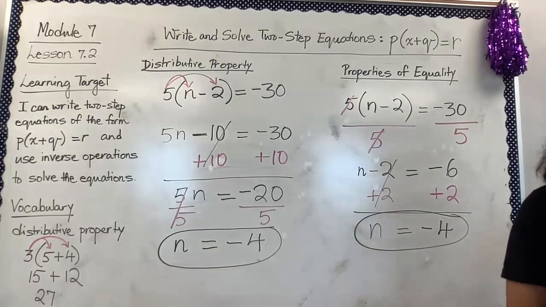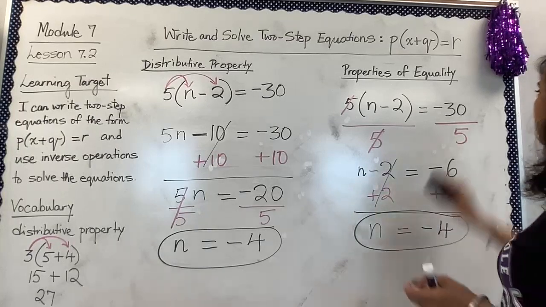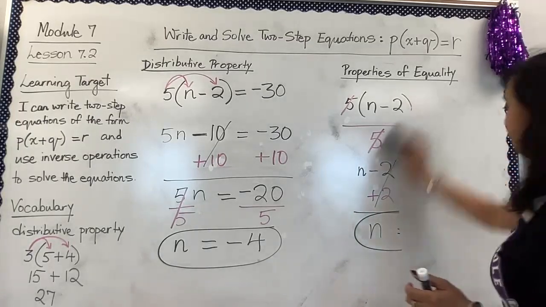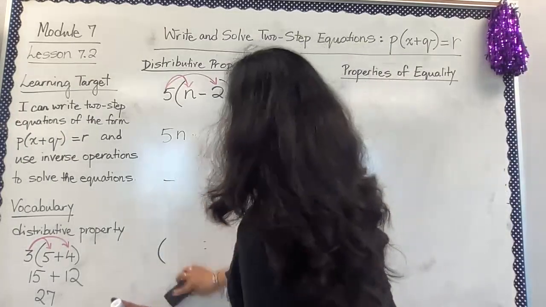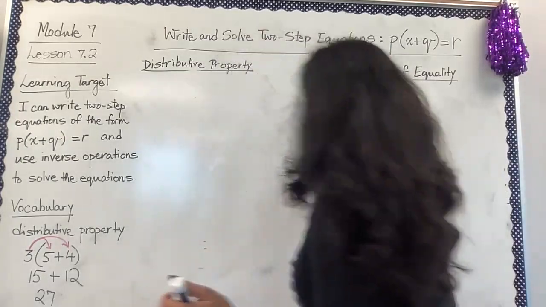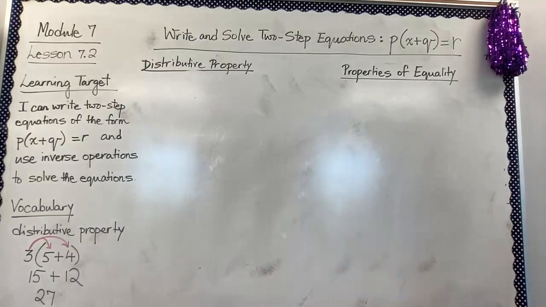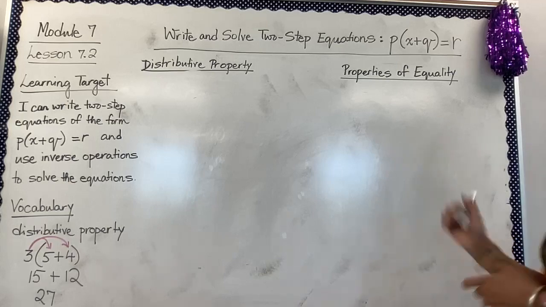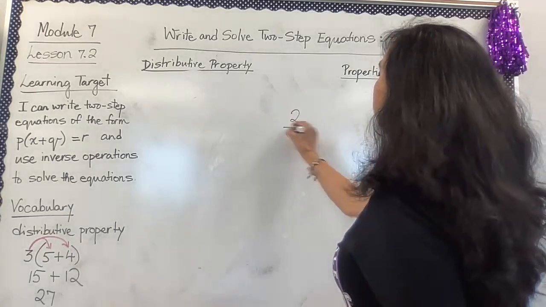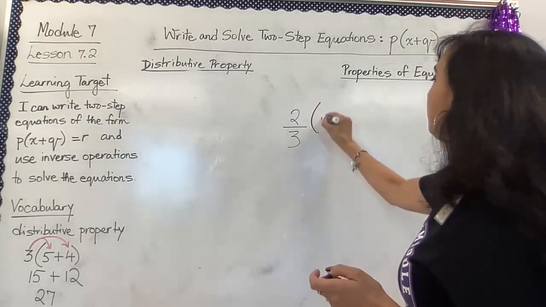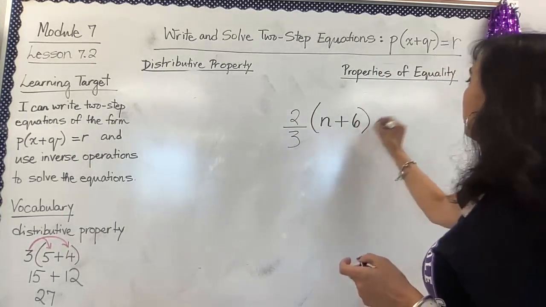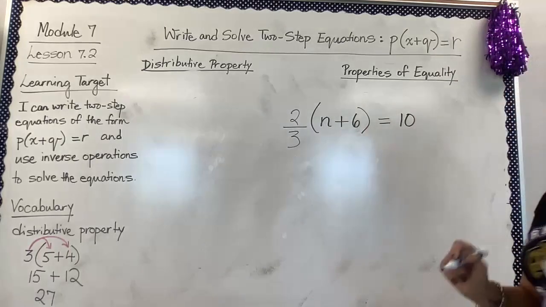Let's do one with a fractional part. Okay. So let's say I have 2/3 n plus 6 is equal to 10.